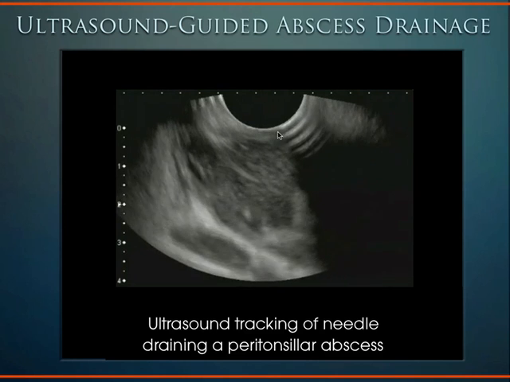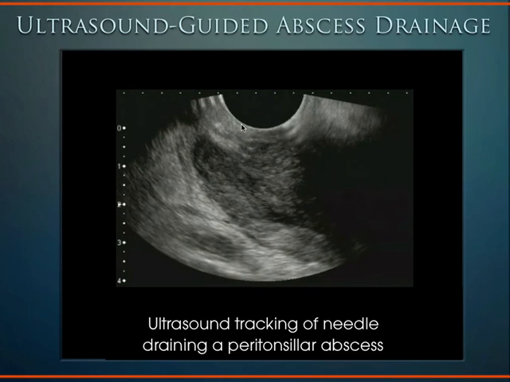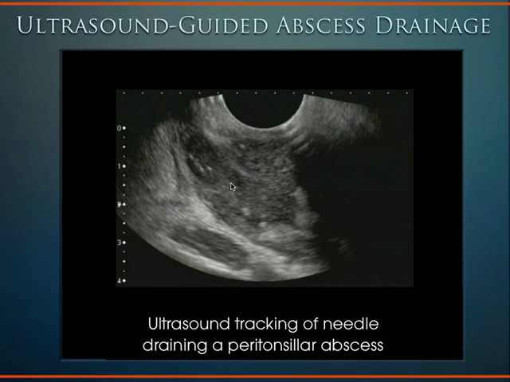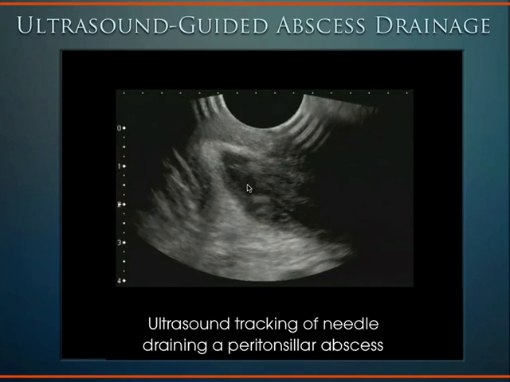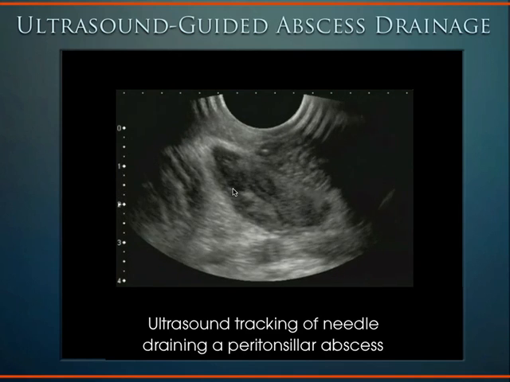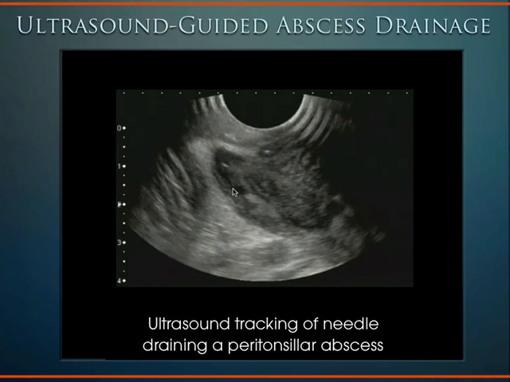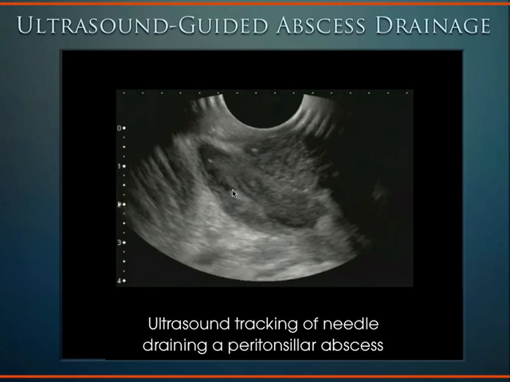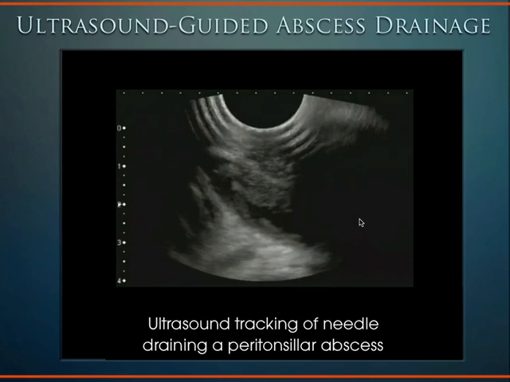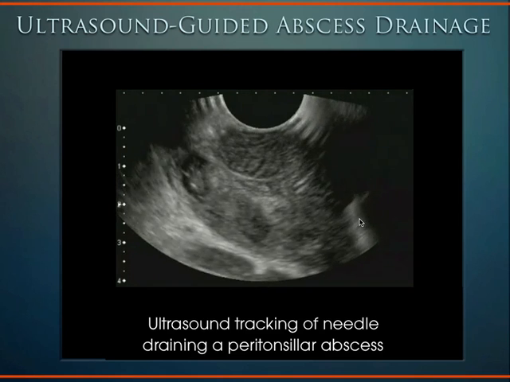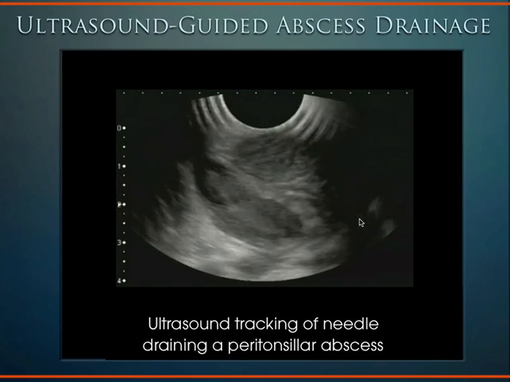It's just from the posterior oropharynx, this mucosal line right here, all the way down to where this abscess material is. And some of these large abscesses are actually quite easy to drain, although sometimes they're so extensive, they involve a really large area back here that you may not want to attempt drainage yourself in the clinic or even the emergency department setting.